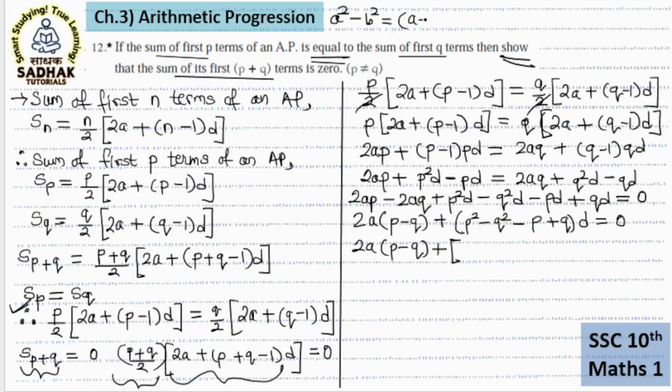We can use this formula here. Fine. So p square minus q square will give us p plus q multiplied by p minus q.